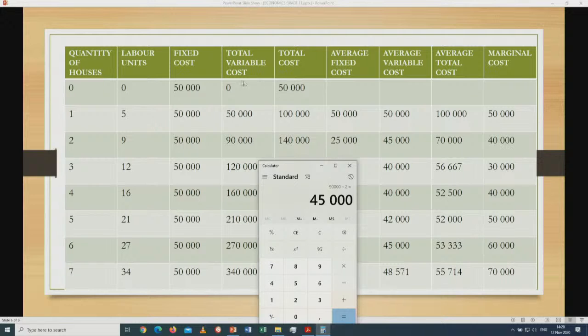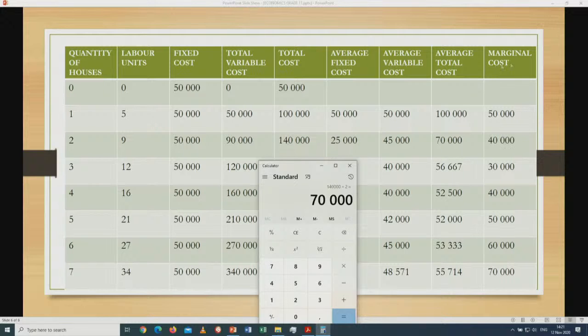And then what is our total cost? Our total cost in this case is 140,000, right? And then how much must we divide by? We must divide by the number of units that we have produced. There we have our average total cost.